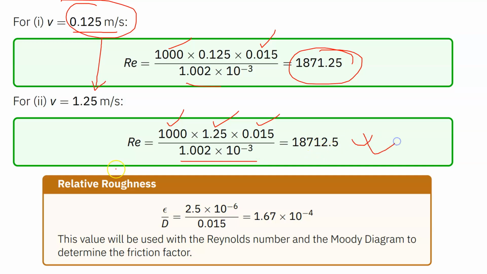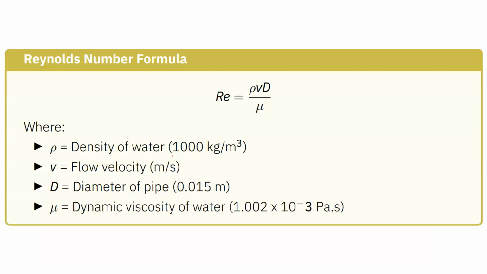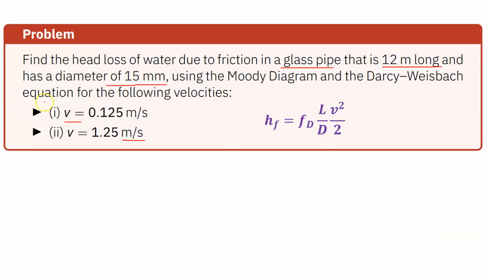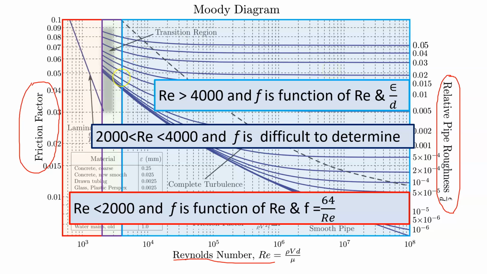Now in our problem we have a glass pipe. For glass and plastic, the epsilon is given as 0.0025, so that surface roughness is given.